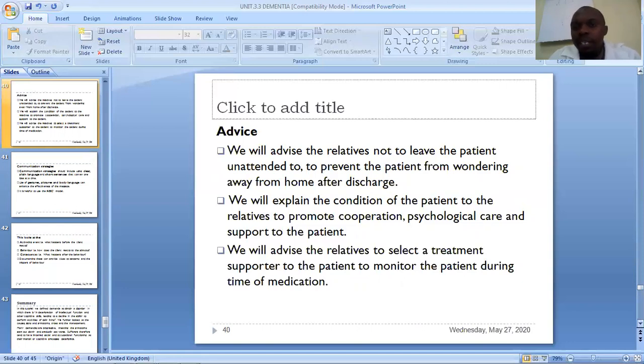Explain the condition of the patient to the relatives to promote cooperation, psychological care, and support to the patient. Or advise the relatives to select a treatment supporter for the patient to monitor the patient during the time of medication.